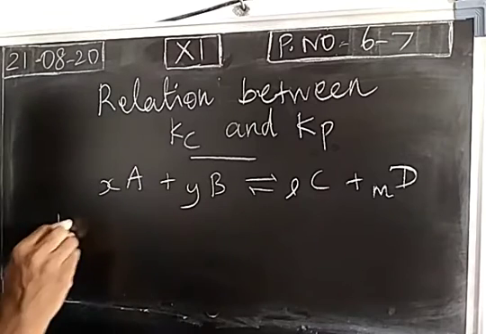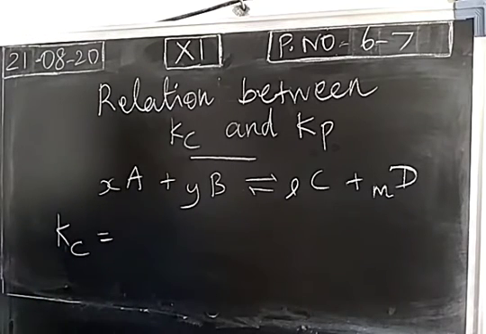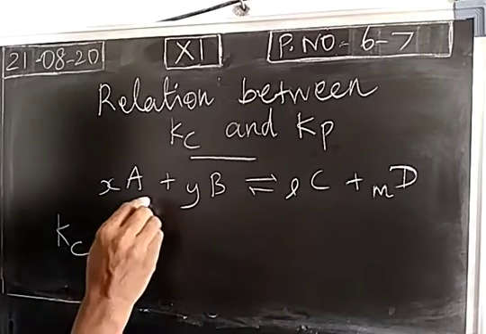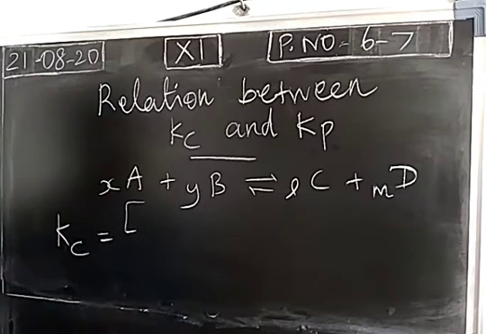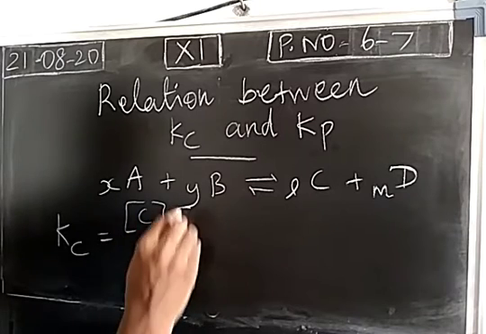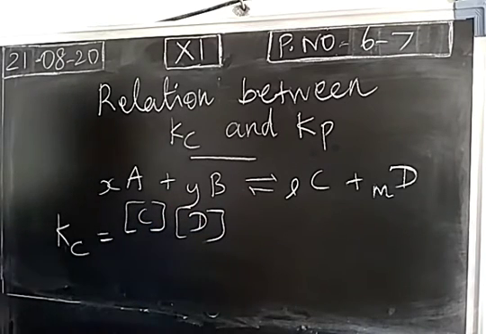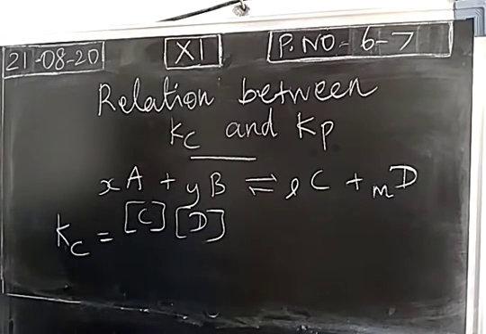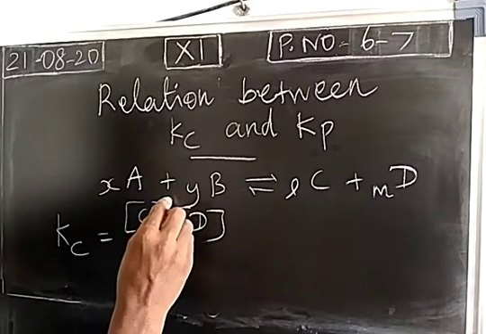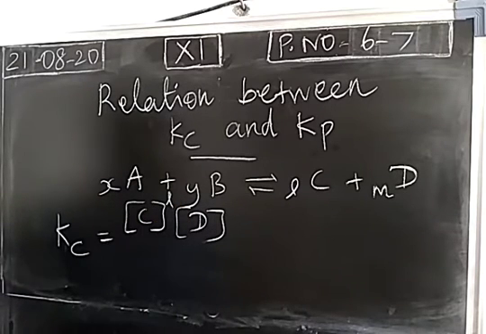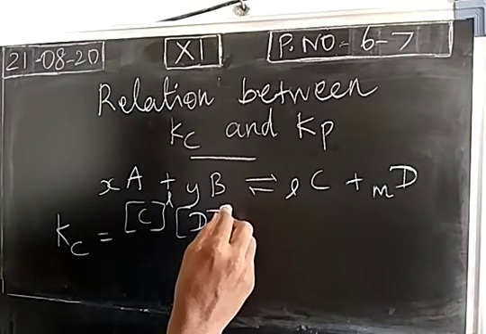So what is Kc? Equilibrium constant is the ratio of the product of active mass of the products. So it is the ratio of the product of molar concentrations or active mass of the products, and each term is raised to an exponential power.